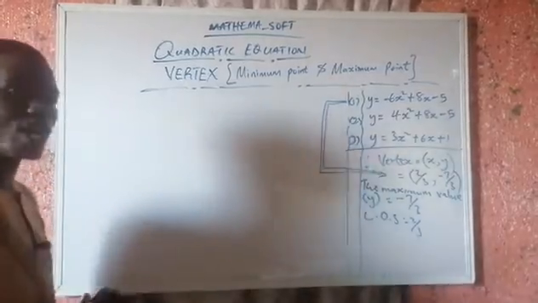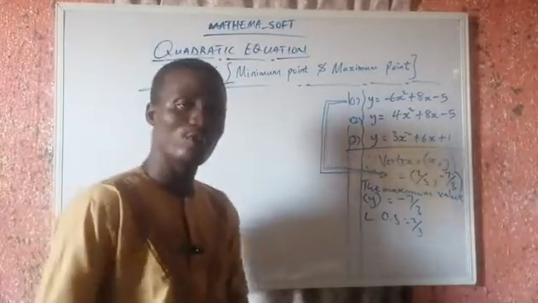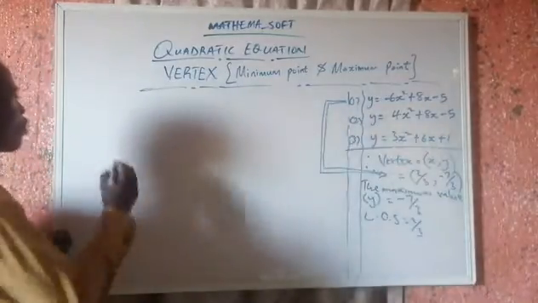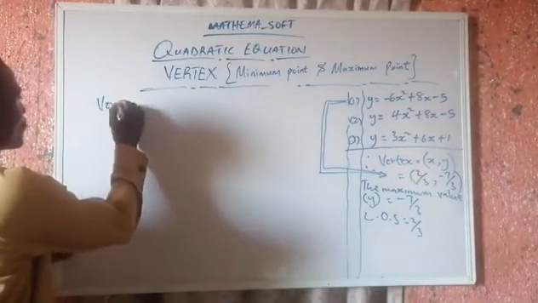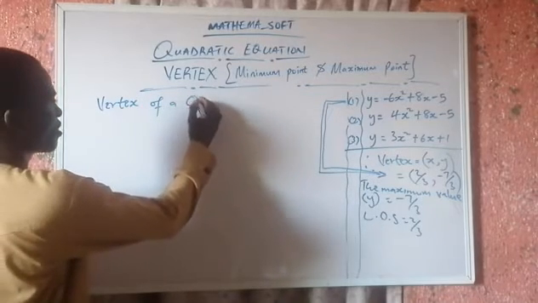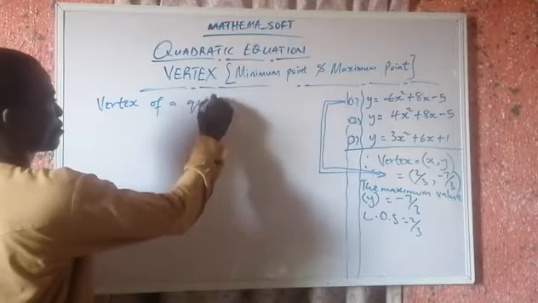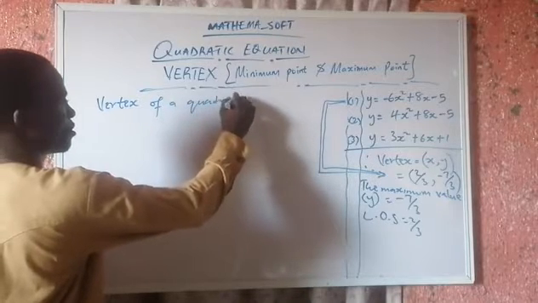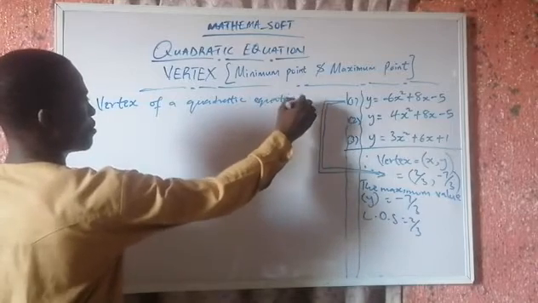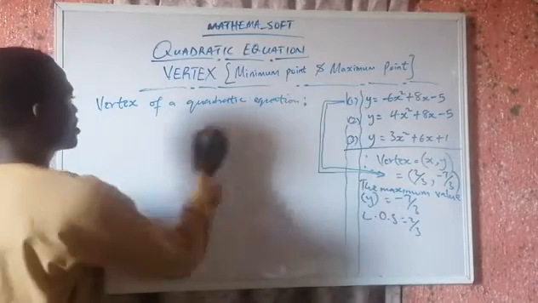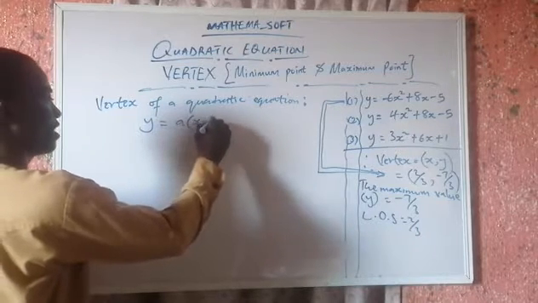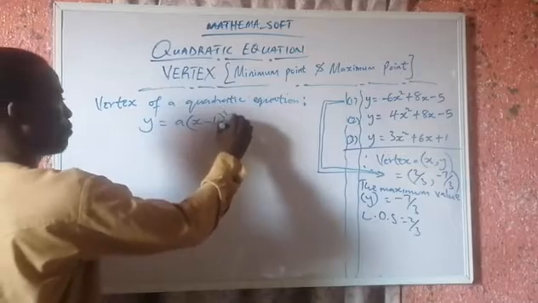So in this video we want to look at another direct approach to finding the vertex of a quadratic equation. The vertex form of a quadratic equation is given as y equals a bracket x minus h squared plus k.